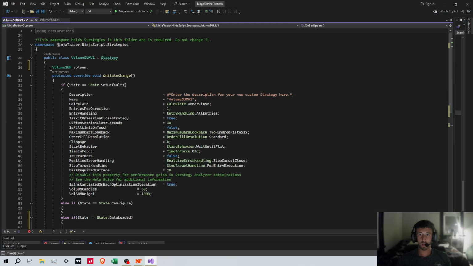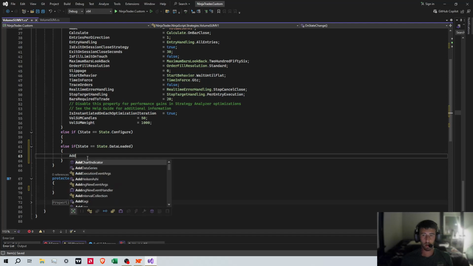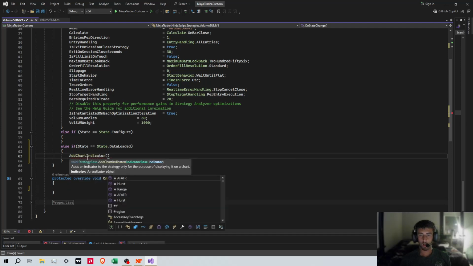First thing I did is this. Next we are going to do else if state equals data loaded. Then we're going to add chart indicator of all sum.